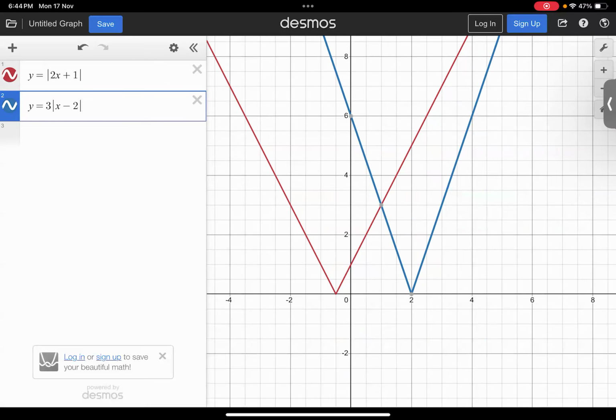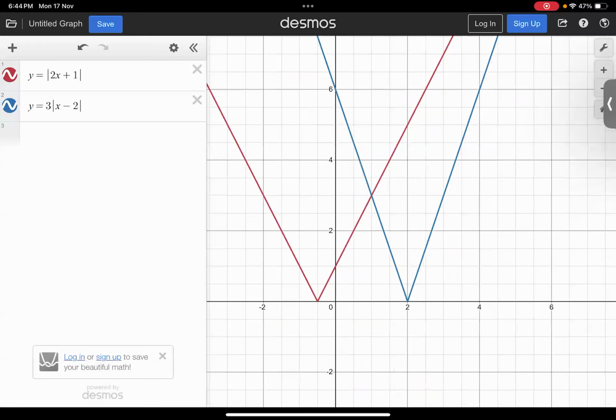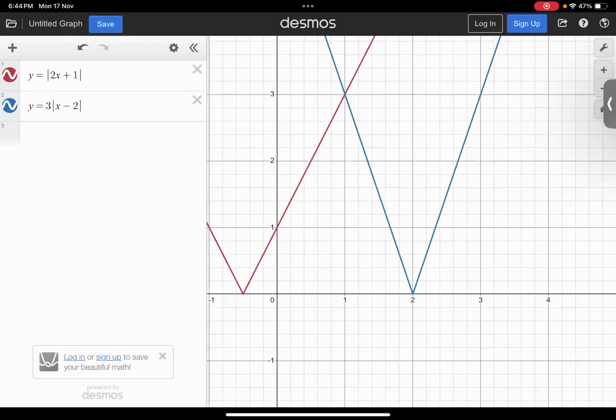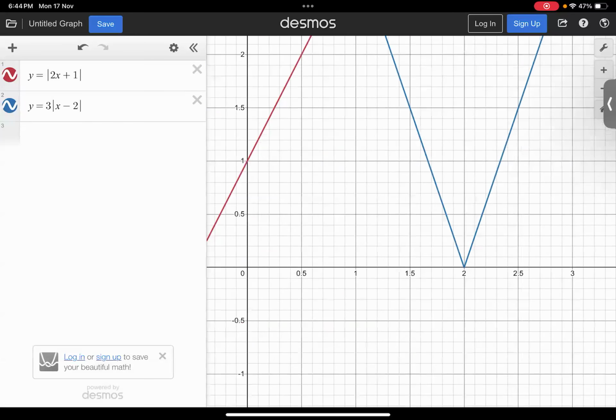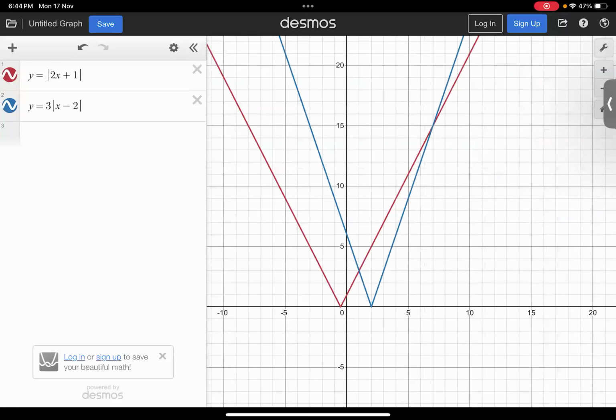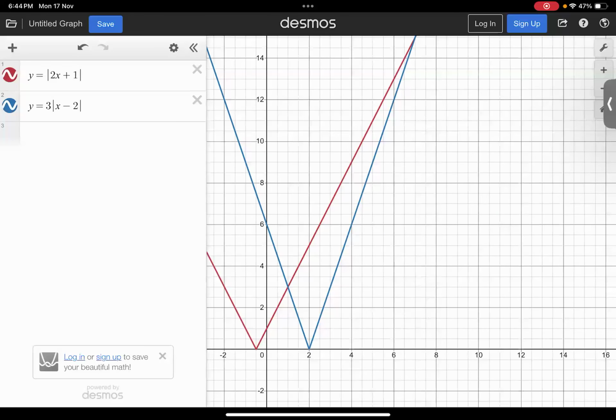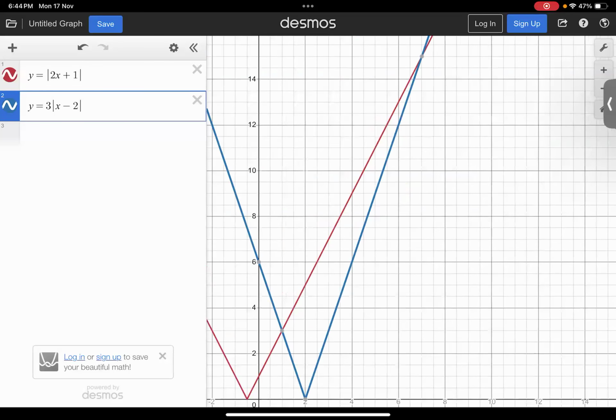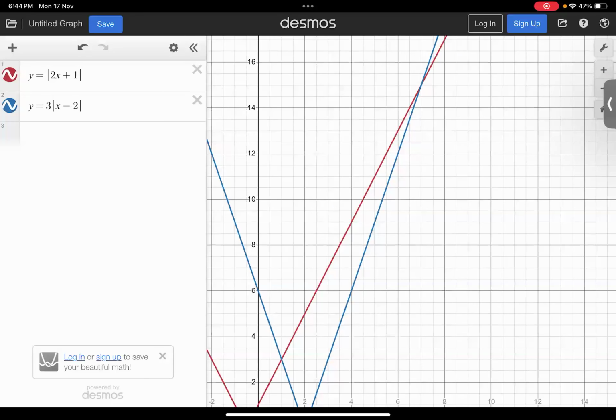So now you can see that there's one point that you should get as 1, and the other point would be 7, right? So basically the inequality would be valid in this region, or outside this region. We have to figure that out.